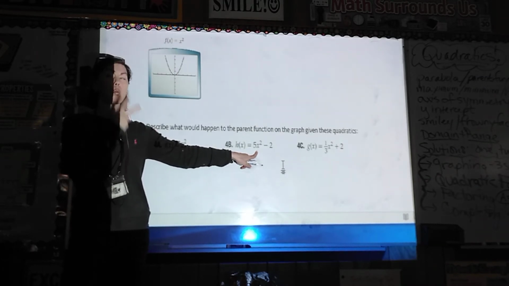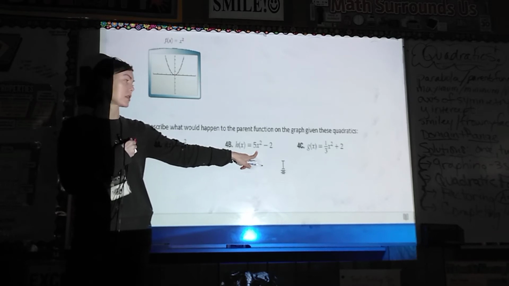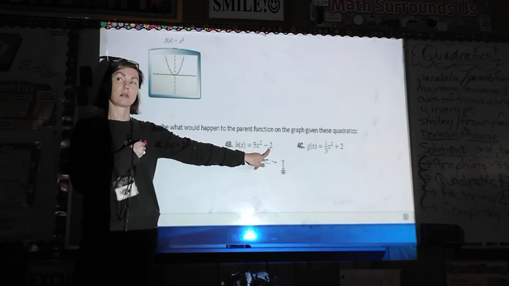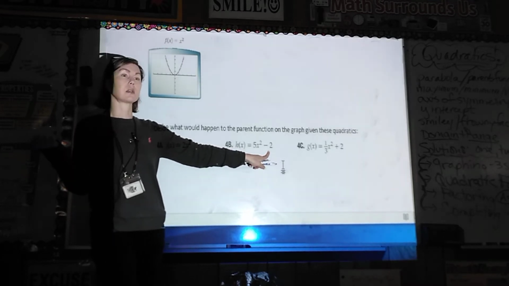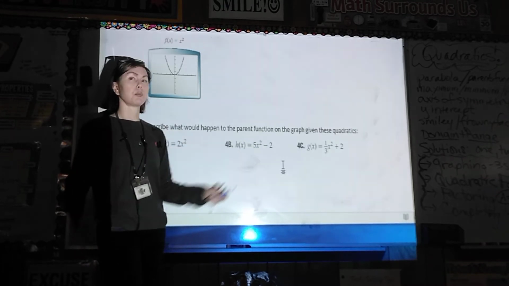It does what and what? Make it skinnier. Yep. And? And wider. Oh, not sure. Okay, anyone else? Yes. And it would move it down.